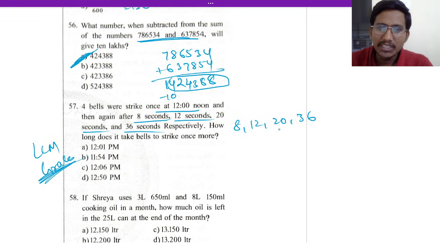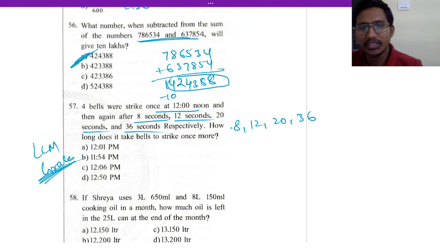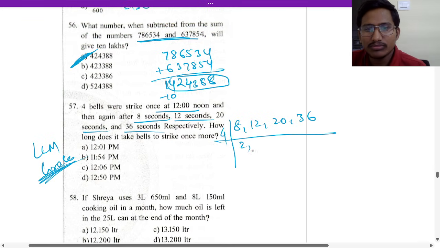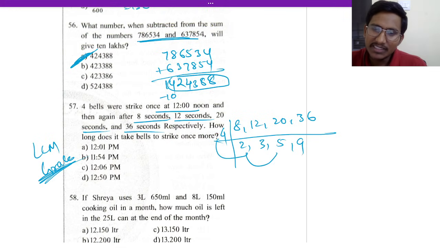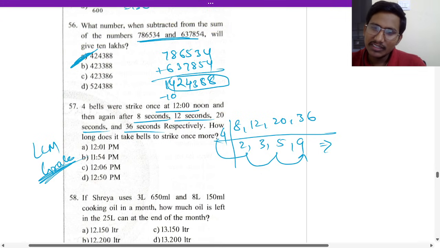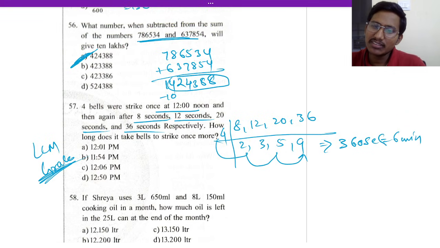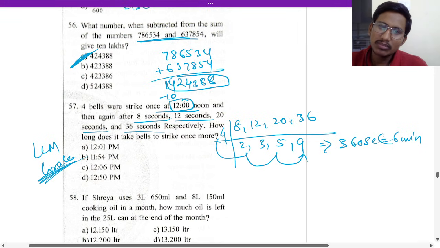Let me do it: 4 2s are 8, 8 5s are 40, 40 9s are 360 seconds. 360 seconds means 6 minutes, 6 minutes means after 12 it will be 12:06, so option C will be the answer.